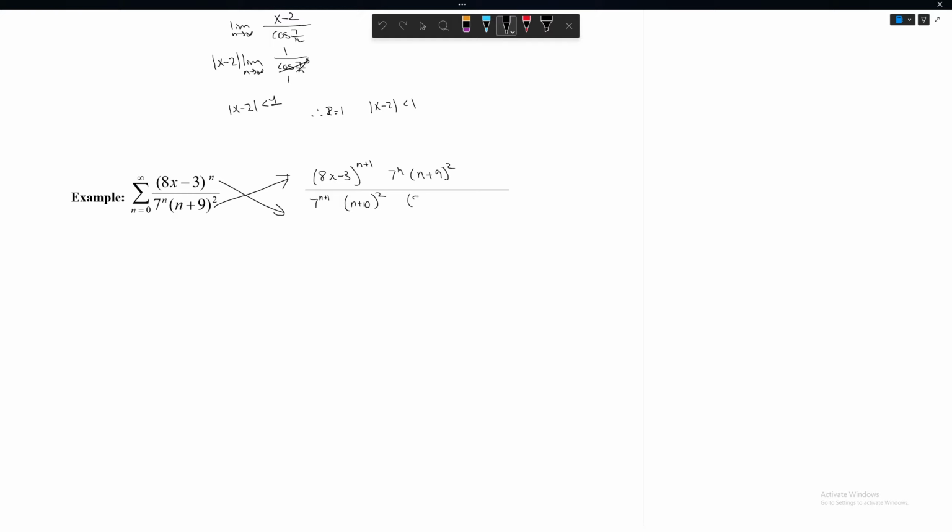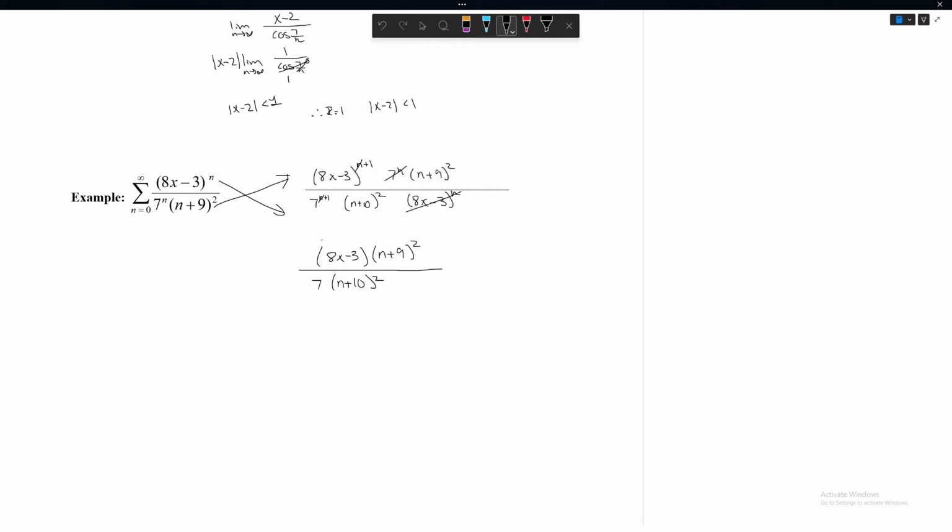In the denominator, I have 8x minus 3 to the n. These cancel out with this n. What else can I cancel out? This whole thing cancels out with this n. So in the top, I still have 8x minus 3, and I still have n plus 9 to the power 2. In the denominator, I have a 7, and I have n plus 10 to the power 2.